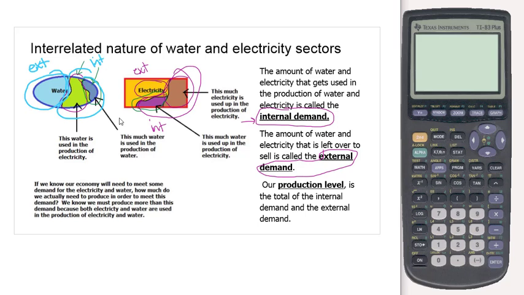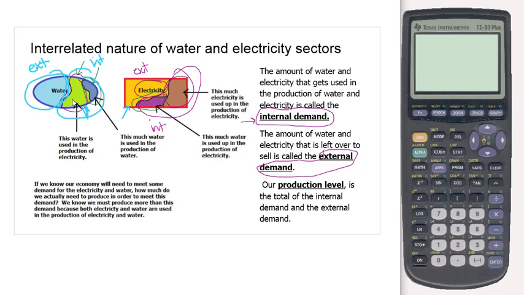Typically we'll want to produce a certain amount of water and sell it to our consumers to meet our external demand. But when we increase the amount of water produced, we have to increase the electricity, and we have to increase the water too, because we use up water in production of water.